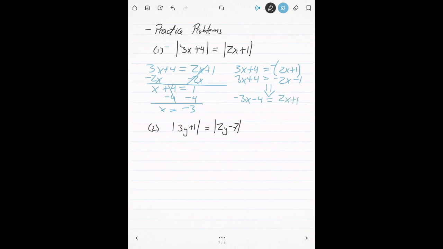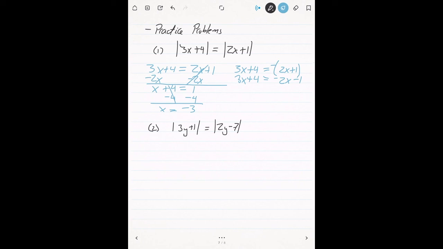You could have made the left-hand equation the opposite, or the negative one. It's up to you. It doesn't matter. These are the same equation, okay? To get one into the other, just multiply both sides by negative 1, and you'll see that you get them right back to each other, okay? So you choose which one you want to be negative. It doesn't really matter, okay? I'm just in the habit of choosing the right-hand side to be negative, so that's why I did that for the 2x plus 1.